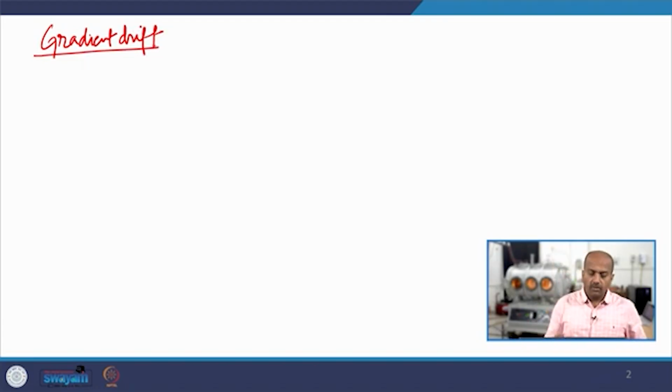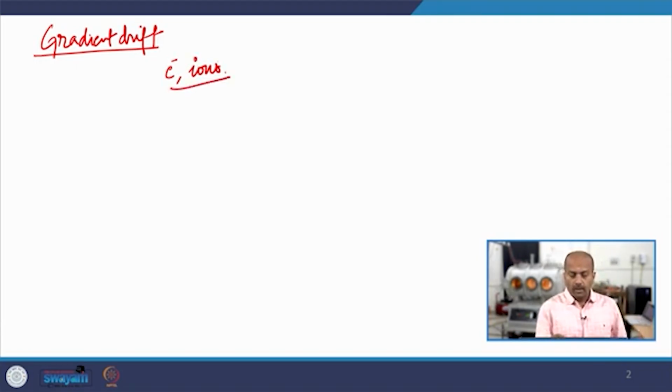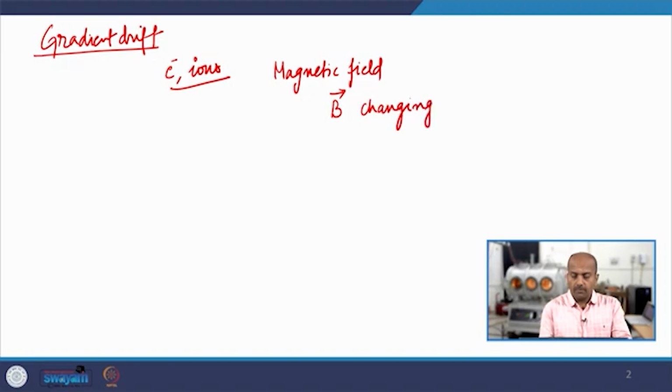So, what it means is that if you consider plasma as a composition of electrons and ions, and if these electrons and ions are subjected to a magnetic field, which is, let us say, B, along a particular direction, which is changing with respect to space.